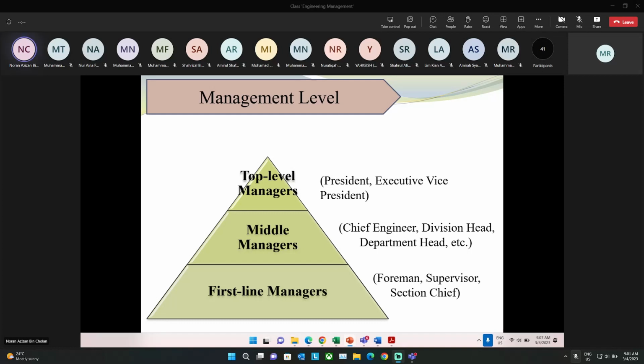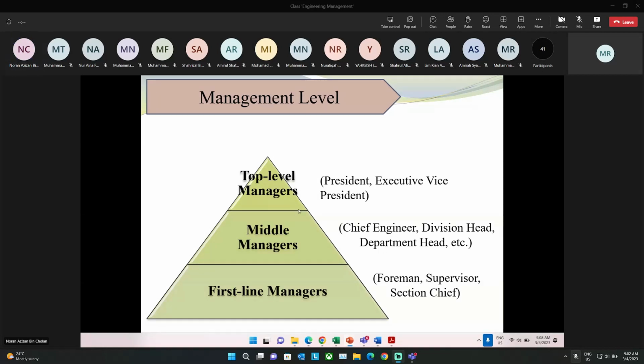Usually a chief engineer obtains the post after certain years working as an engineer, maybe about 4 years, depending on the field and also the requirement. Another name is division head or department head. So this is the step: from the engineer, the next level is the senior engineer or chief engineer.